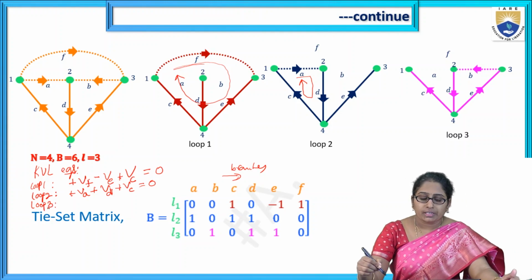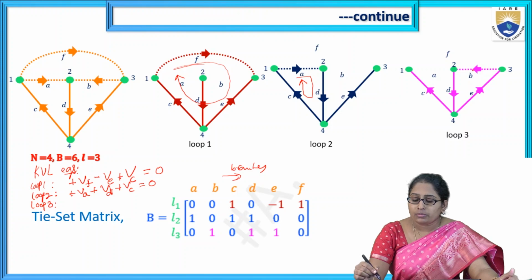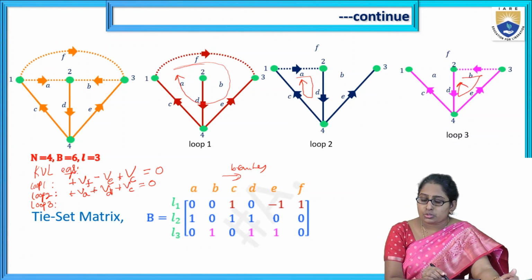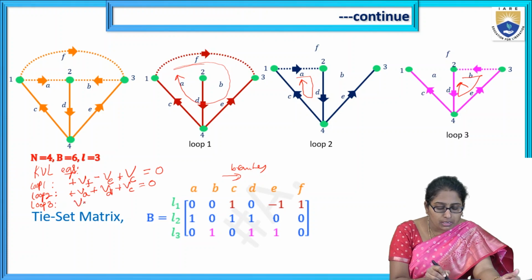Then loop 3 is formed with the third link, branch B. This is the assumed direction. So plus VB minus VE plus VD.